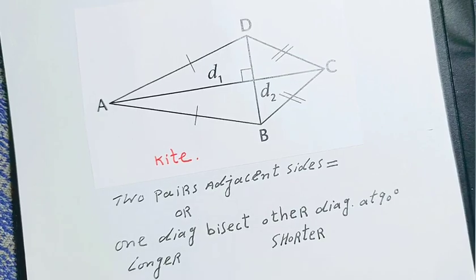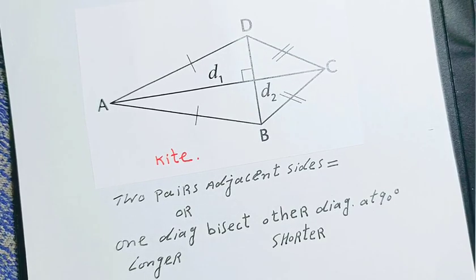Now this is the last one, the kite. In a kite, two pairs of adjacent sides are equal and one diagonal bisects the other diagonal at 90 degrees. To prove this is a kite, note that this is not in the parallelogram family, so you can prove one of these.